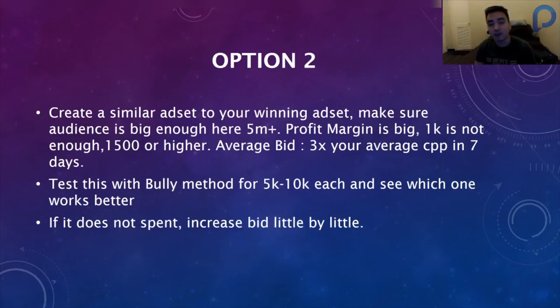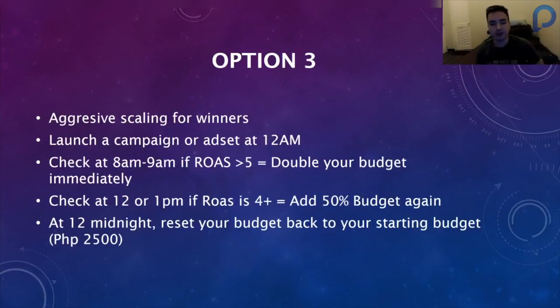Even if you put 10,000 pesos, it's not going to spend if it cannot find the right person and the right cost per purchase. That's the opposite of the max bid bully method. It's just going to spend all of your money and bulldoze everyone out of the competition. You just hope somebody buys. If nobody buys it, then you're pretty much dead. So that's the average bid.